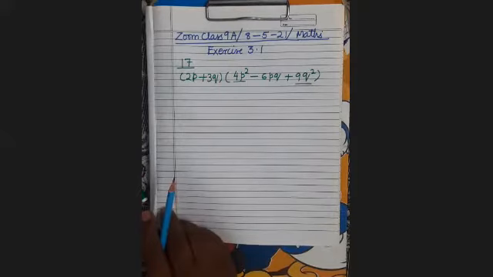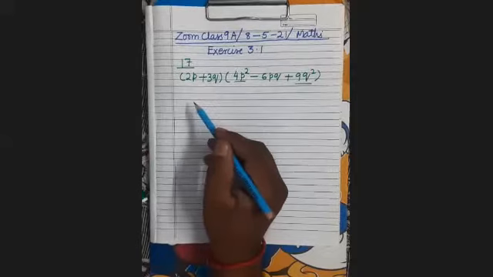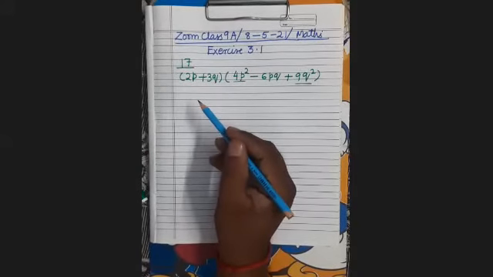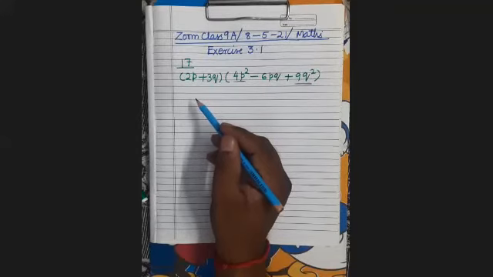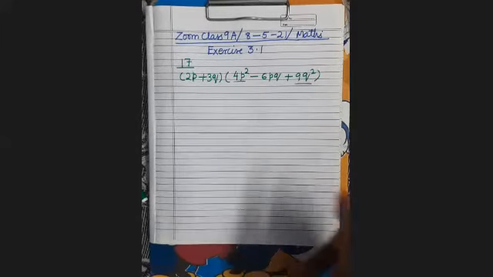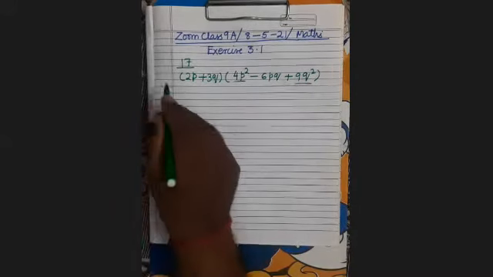And if you see 2p into 3q, it is equal to how much? 6pq. It is clear? This is 6pq. So we can rewrite it in this form.